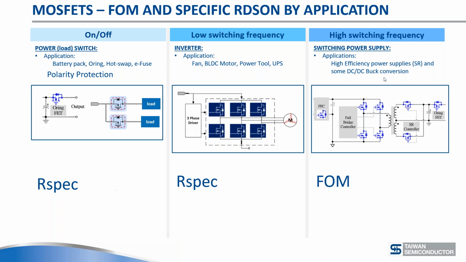But the high frequency operation usually tends to be at 30 volts and not so much at 40 volts. 40 volt is used a lot in synchronous rectification applications, but here the frequency is typically 100, 150 kilohertz in that area. In this case, the switching losses are important, so the figure of merit becomes the key parameter for the MOSFET performance for customers.